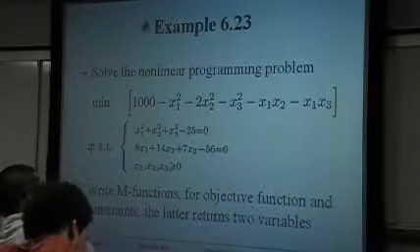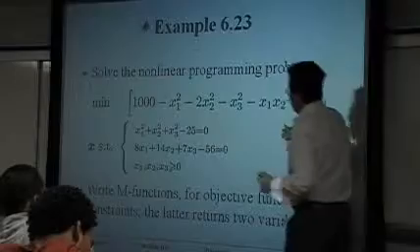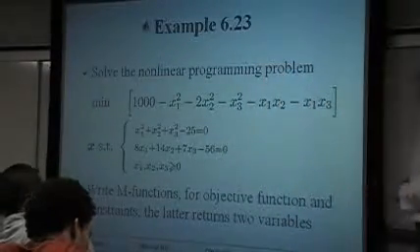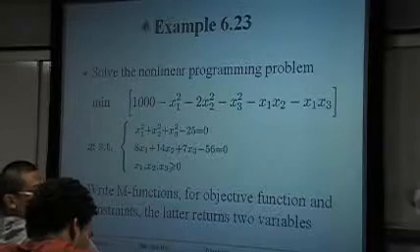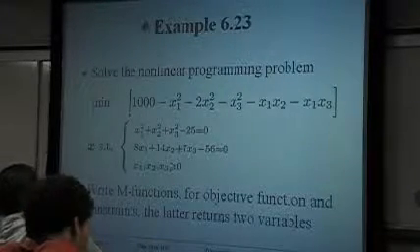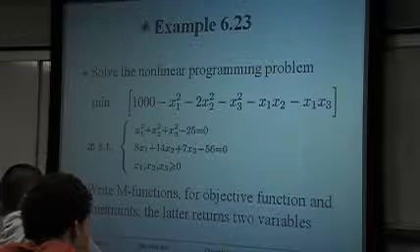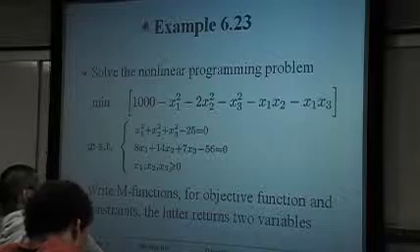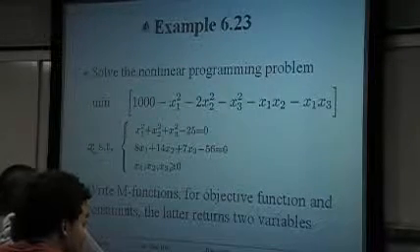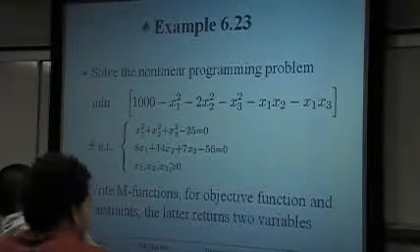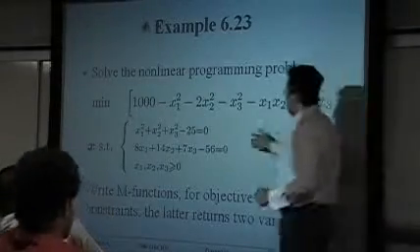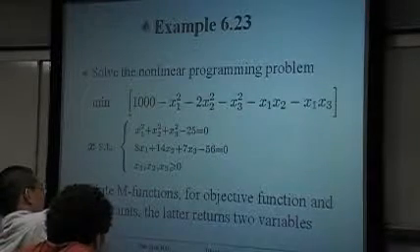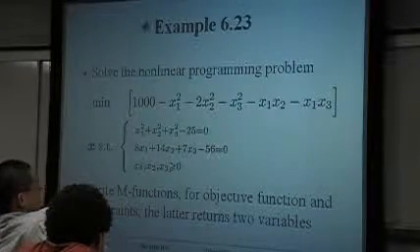And what about the constraint? We can regard this one as a nonlinear constraint, so what we need to do is to write a Matlab function. We cannot use an anonymous function to describe the constraint here, because it must have two return variables: one is C, the inequality, and the other one is CEQ.